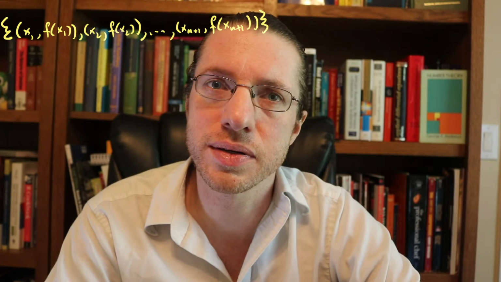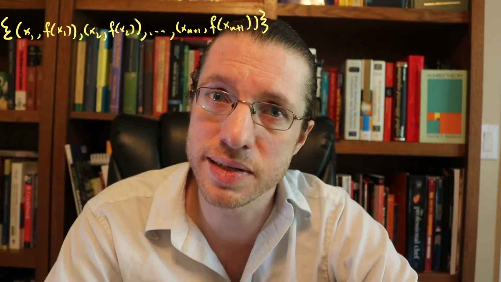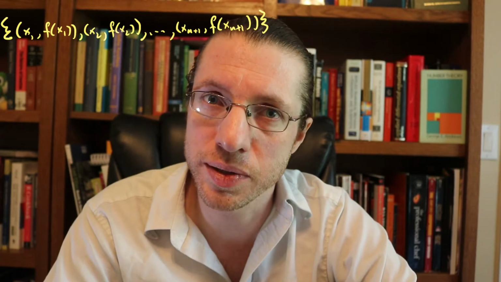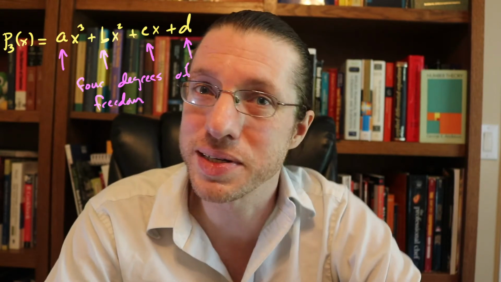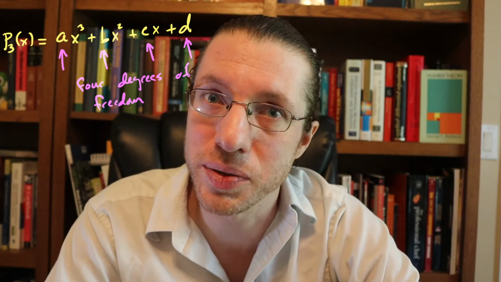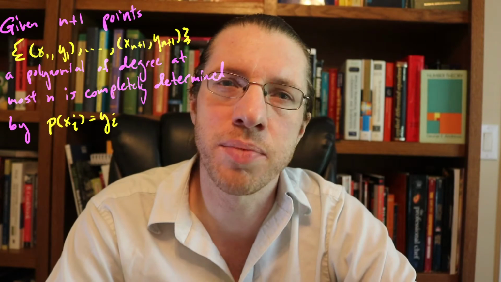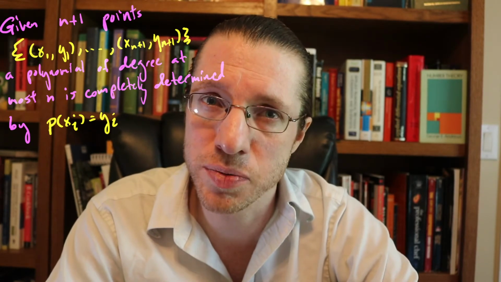There's a wide variety of methods to come up with an interpolation polynomial, but we know that 4 points completely determine a polynomial of degree 3, or 3 points determine a polynomial of degree 2, and so forth. So if we're interpolating n+1 points, then a polynomial of degree n is uniquely defined by those points.